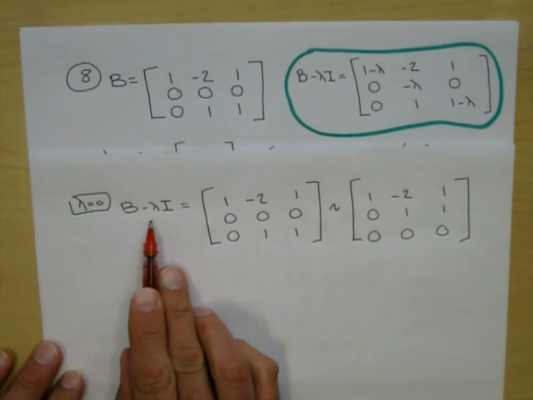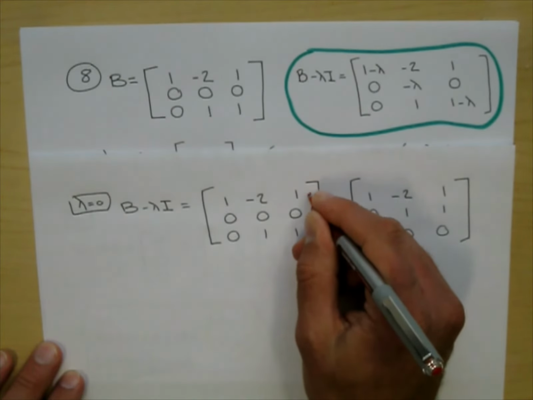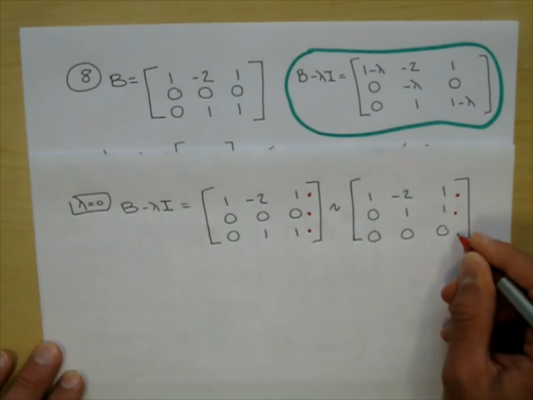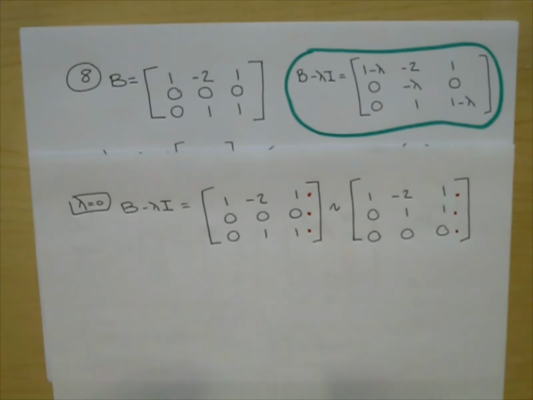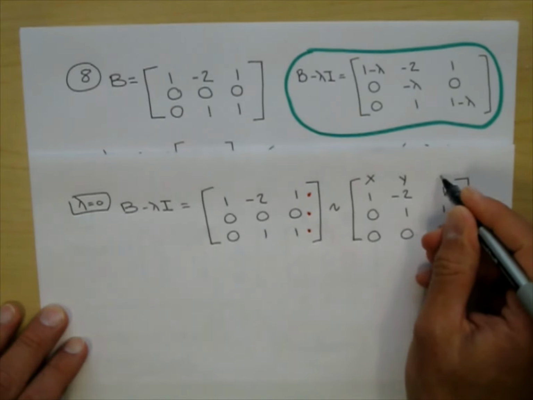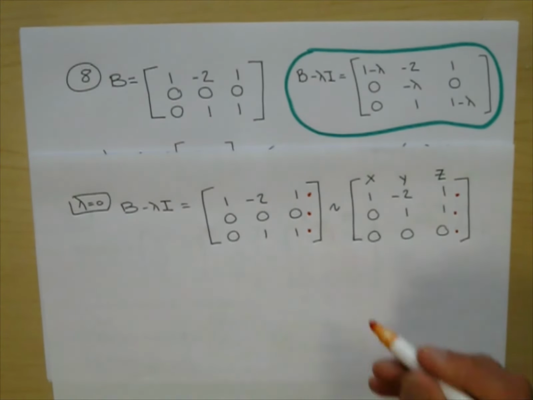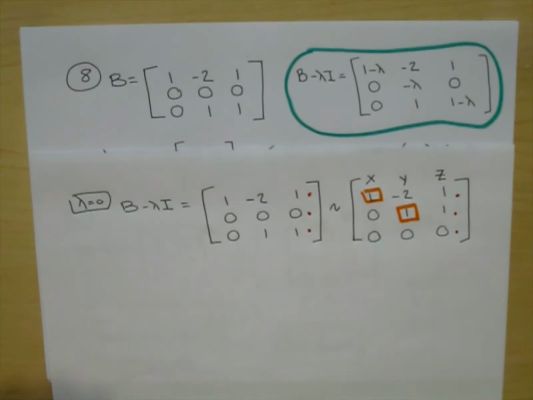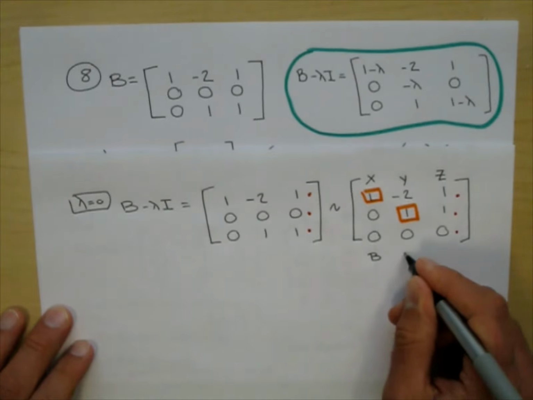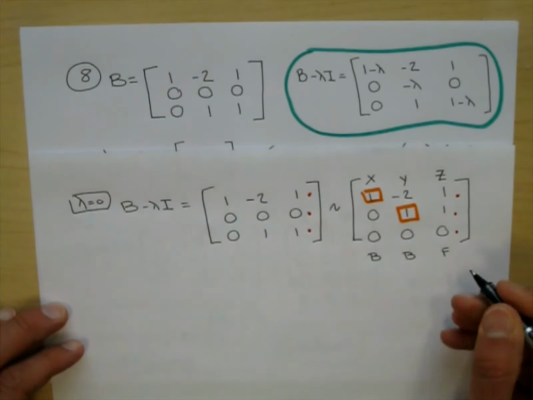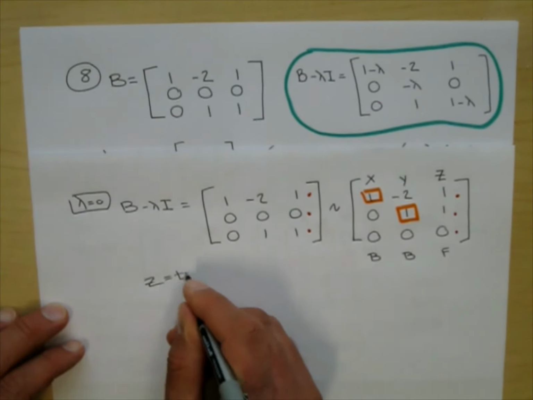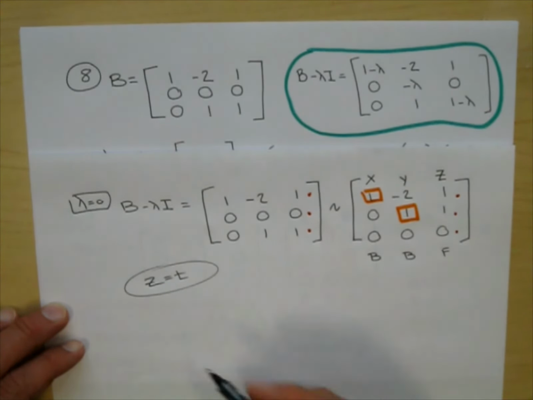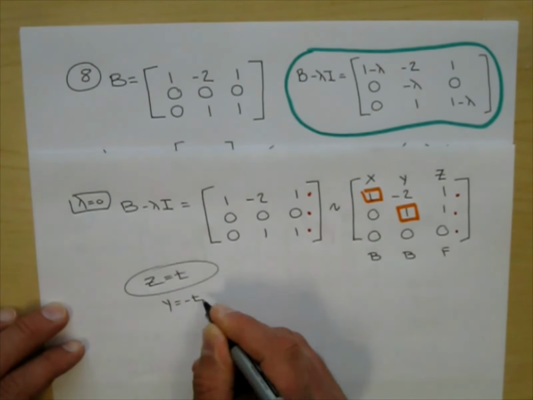What am I going to have to find on this matrix? The null space. That gives me the set of eigenvectors for lambda equals 0. My variables, I'll make them x, y, z. X is bound, y is bound, z is free. So bound, bound, free. So z is t. We'll just make it t. And from the middle row, you get y equals negative t.